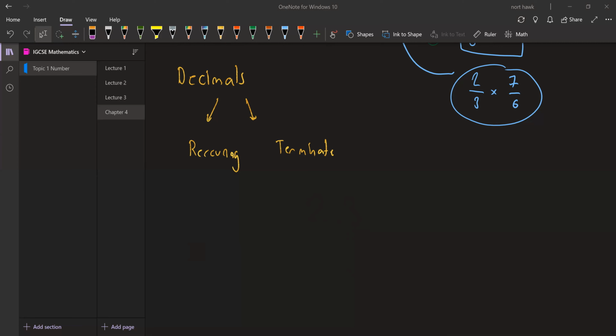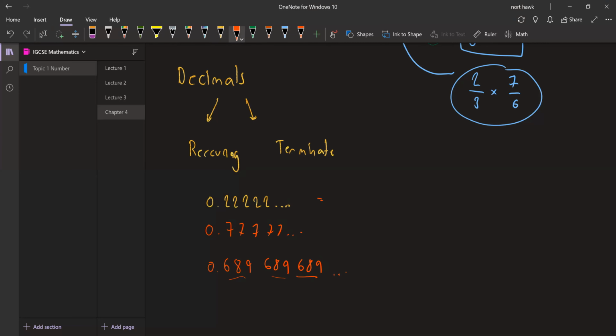You might have seen recurring decimals from time to time. For example, 0.22222 and so on, keeps repeating. 0.77777, and so on. 0.689689689 and so on. These 3 digits repeat.